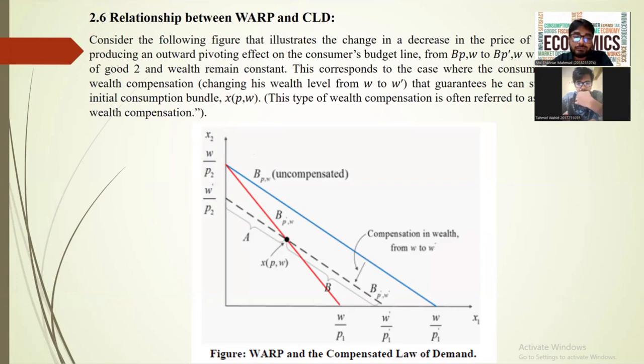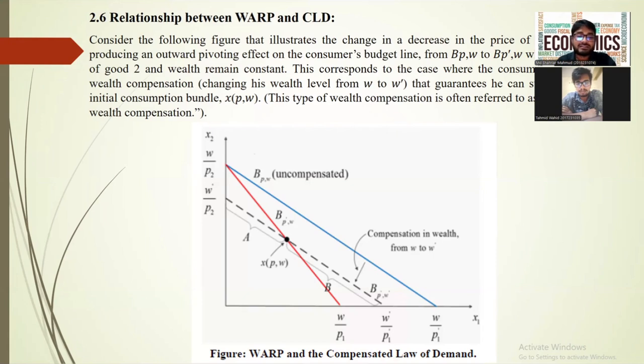WARP is a principle that states a consumer's choices reveal their preferences. If a consumer chooses one bundle over another when both are affordable, it indicates a preference for the chosen bundle. CLD, on the other hand, deals with how demand for a good changes when its price changes, provided the consumer's utility remains constant. Understanding these concepts helps us analyze how consumers make decisions in response to price changes.